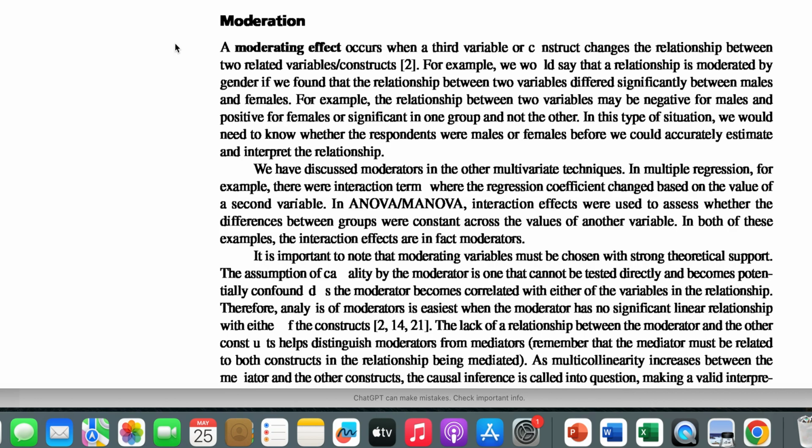Suppose the relationship between the two variables may be negative for males and positive for females, or significant in one group and not the other. In this type of situation, we would need to know whether the respondents were male or female before we could accurately estimate and interpret the relationship.